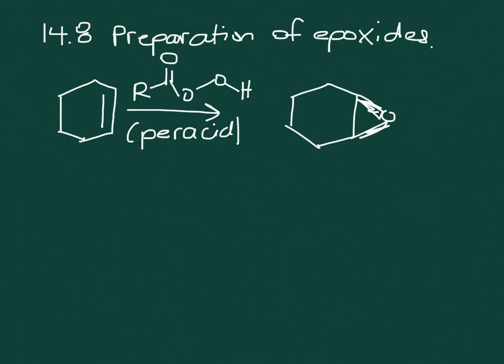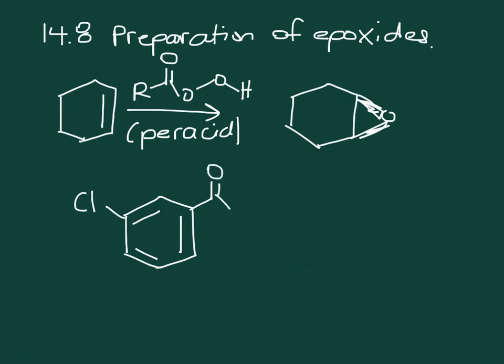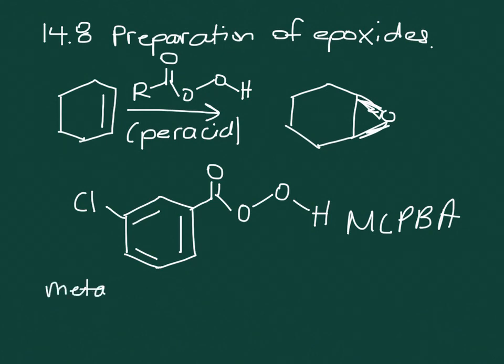Now, typically the peroxy acid that is used, that we learned about last semester, is MCPBA. You can also use peroxyacetic acid. So this is meta-chloroperoxybenzoic acid.